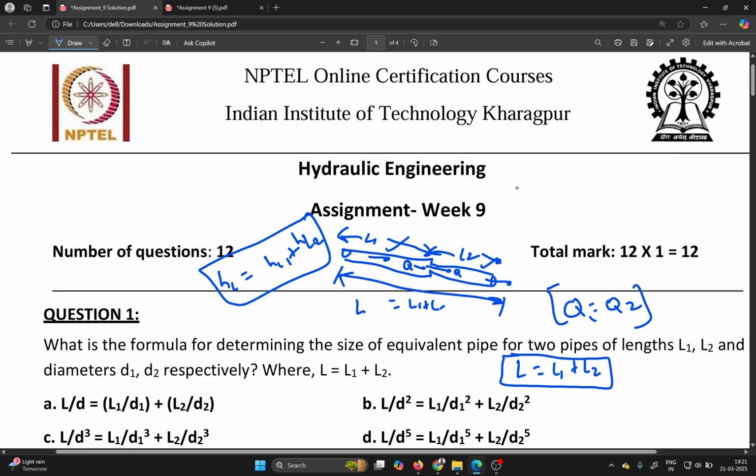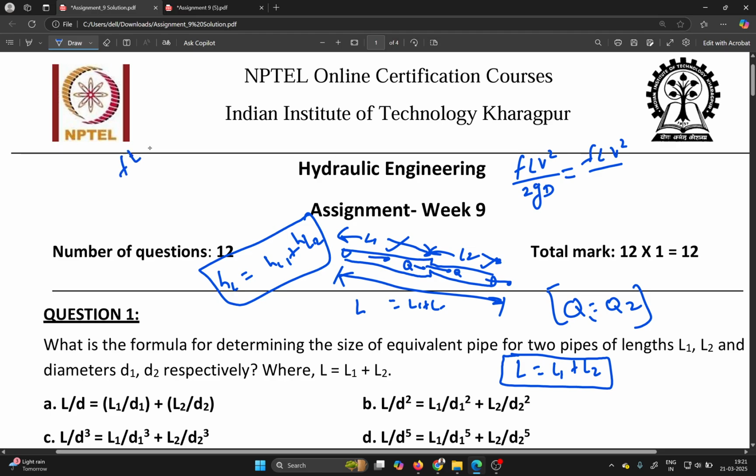That is the relation between L by D, the L by D form. So head loss is FLV square by 2GD. Let me convert V in terms of discharge.